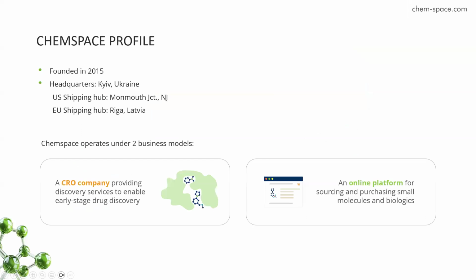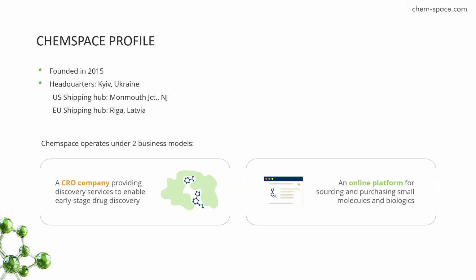What about ChemSpace? ChemSpace is a company which was founded in 2015. Headquarters is located in Kyiv, Ukraine. We have shipping hubs in the United States and in Europe as well. We operate under two business models. The first one is we're working as a discovery CRO, helping our customers to enable drug discovery projects, mostly early stages like hit identification, hit expansion, and SAR studies, and a little bit later stages like lead generation and lead optimization.